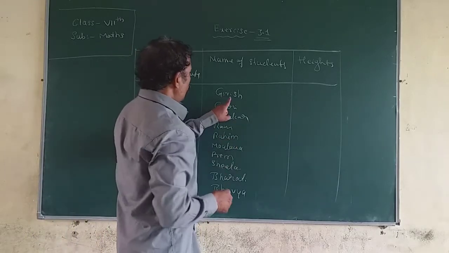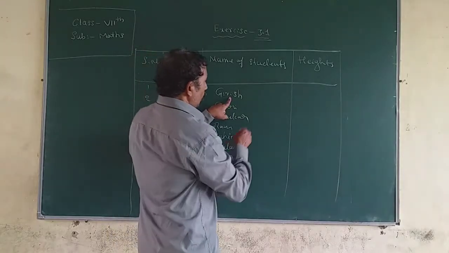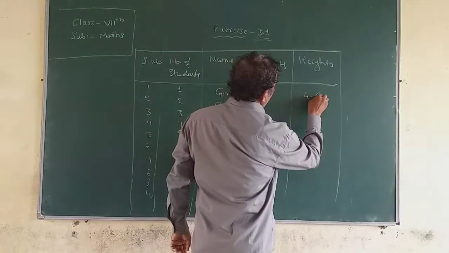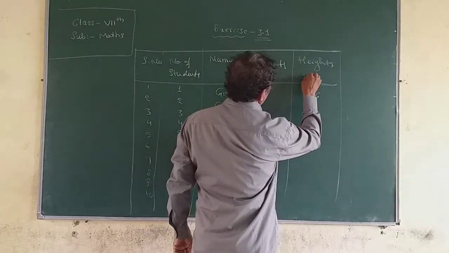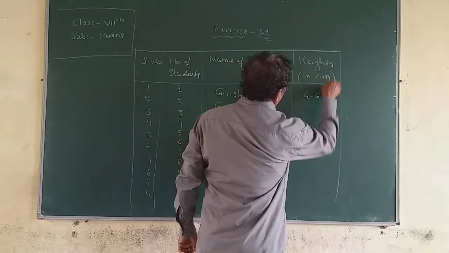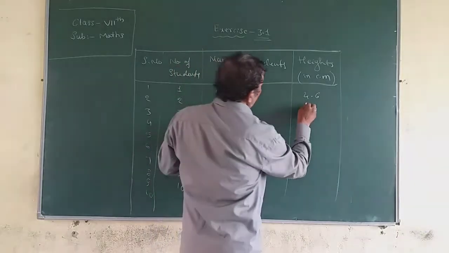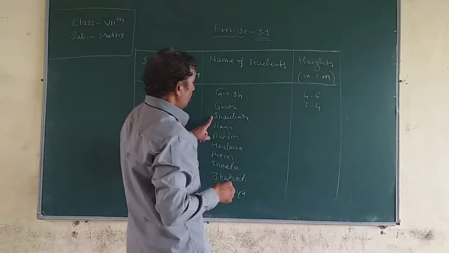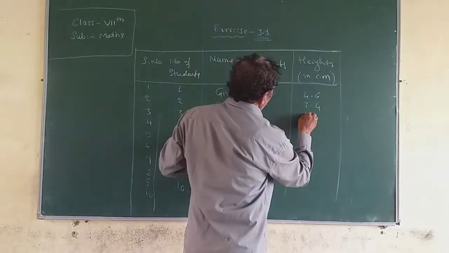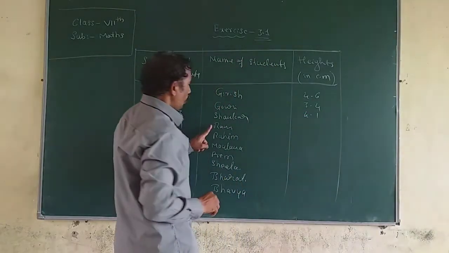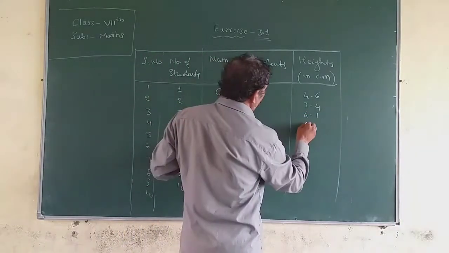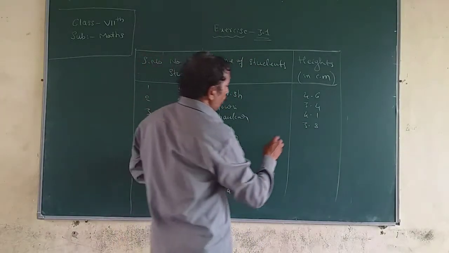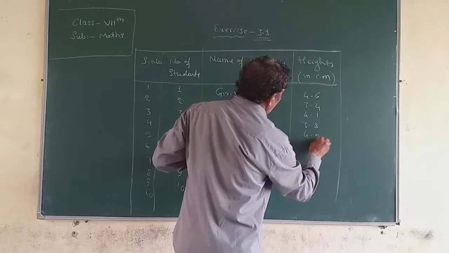Now take the height of Girish as 4.6 centimeter, heights in centimeter. Gauri 3.4 centimeter. Shankar 4.1 centimeter. Ram 3.8 centimeter. Rahim 4.2 centimeter.